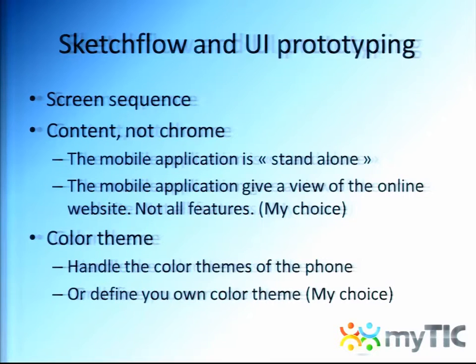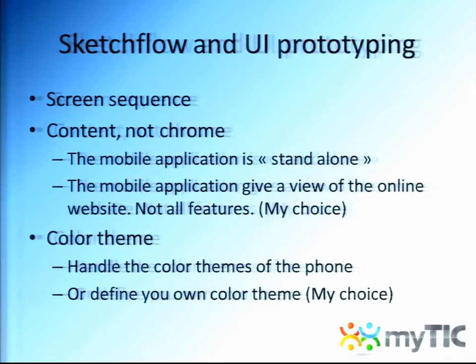Next question that we will have to respond to is, how will I display my information? In which colors? So in the Windows Phone, by default, the end user will be able to choose between two color themes: a black background and a white background. And for each of those backgrounds, we'll have a set of different colors that you will be able to choose. Inside of my application, I could just use those predefined colors depending on the choice of the user.